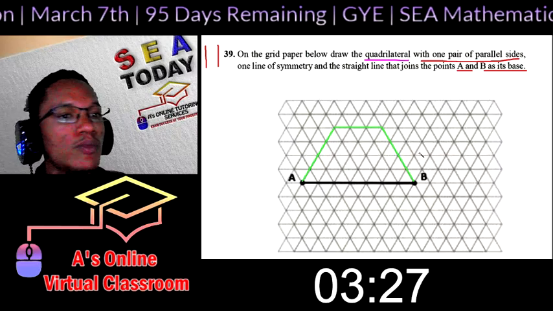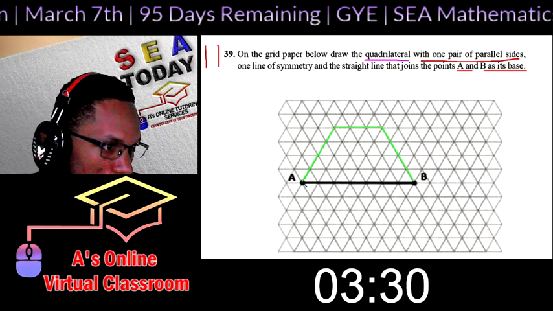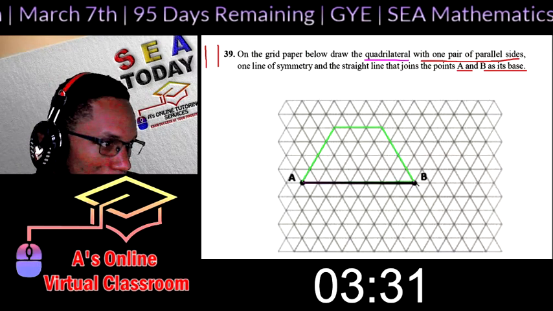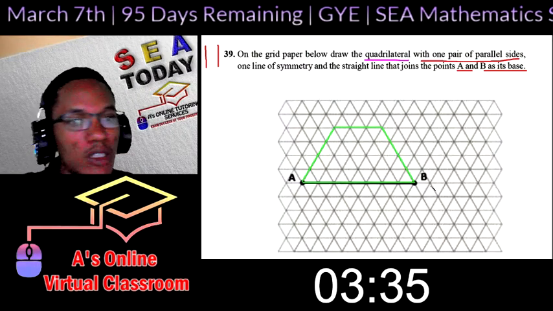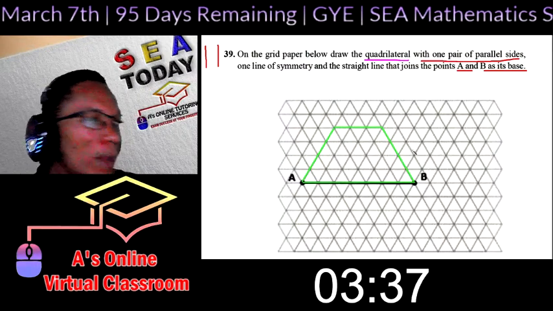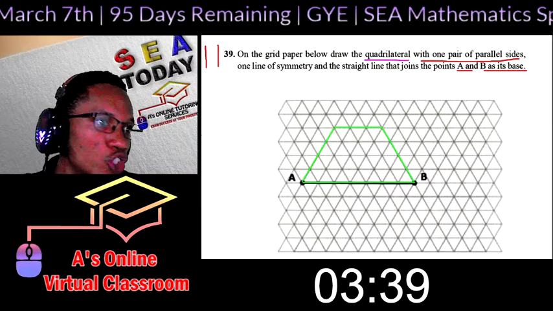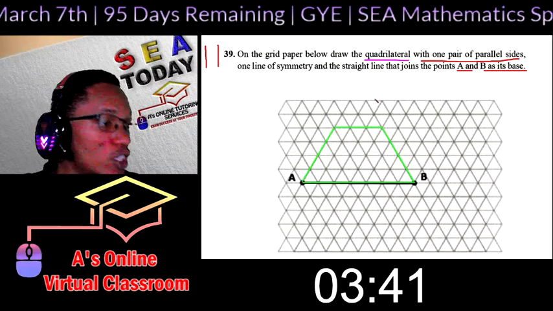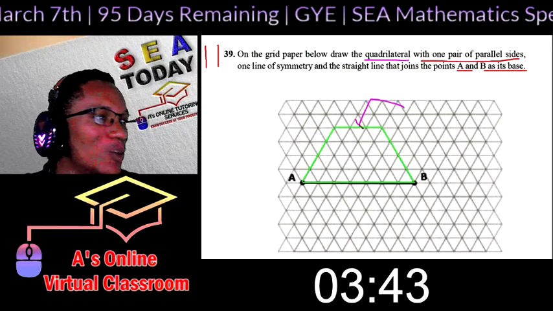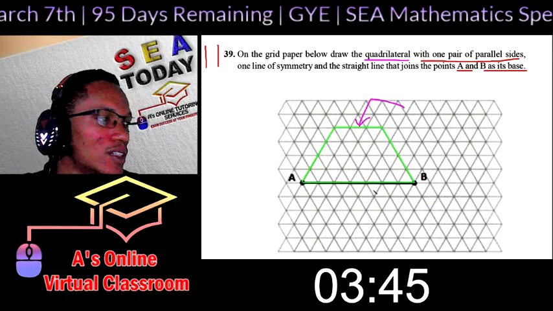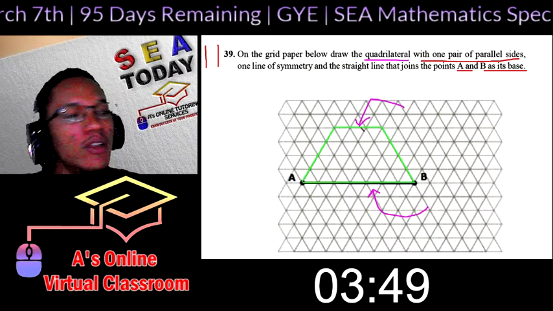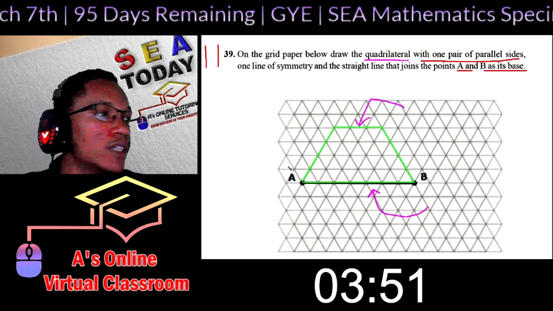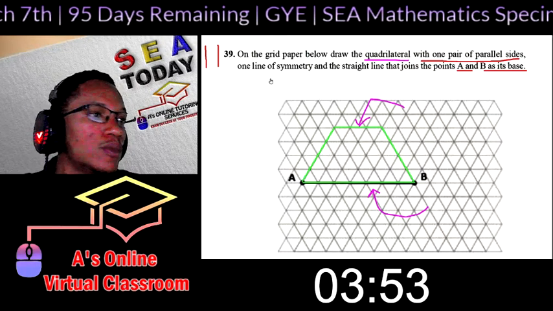Perfect. So just so you can see it, this will be our base, and that is a trapezium where it has one pair of parallel lines, which is this and this. These lines are parallel. They're not the same length, but they are parallel to each other.